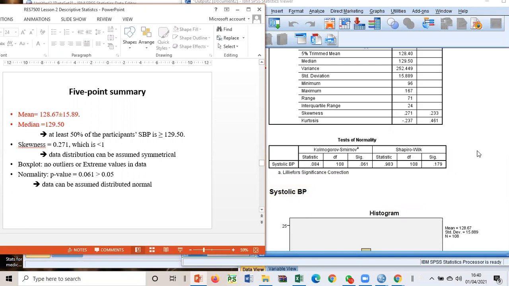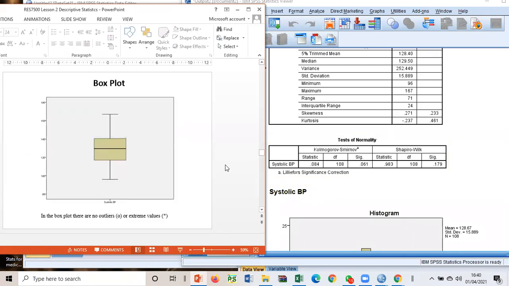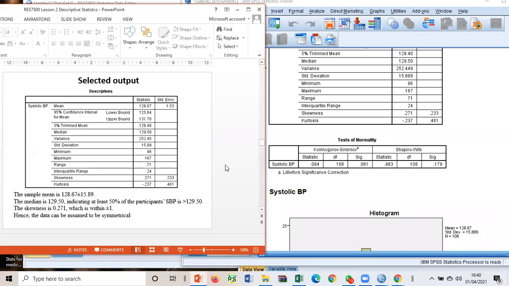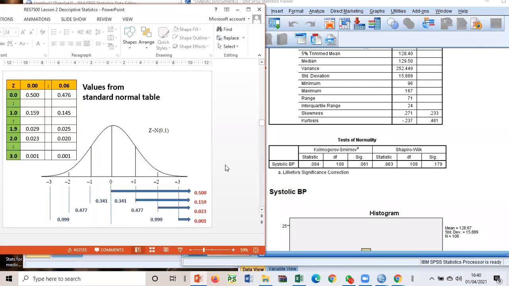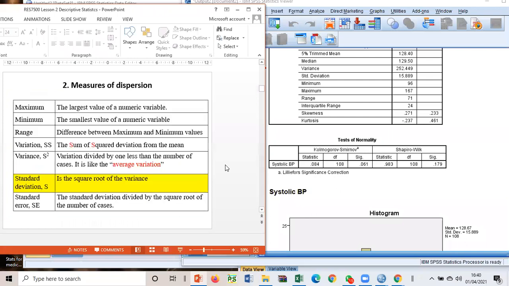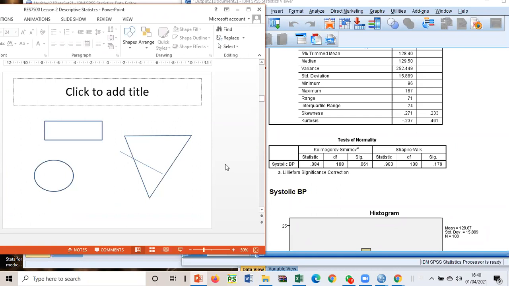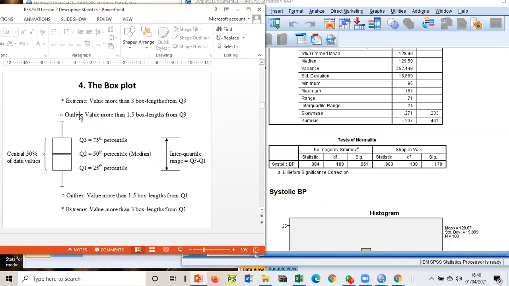Prof, is there a difference between outliers and extremes, or are they similar? Yes, there is. Outliers may still belong to this population. Extreme values are outside this population.